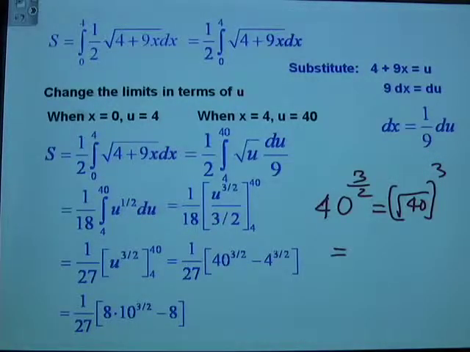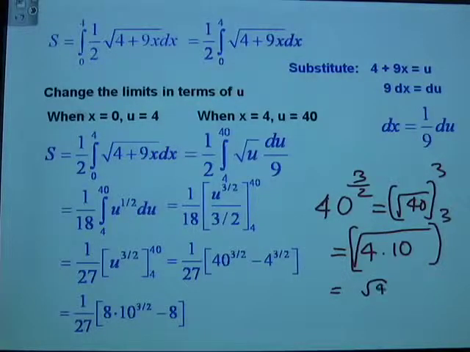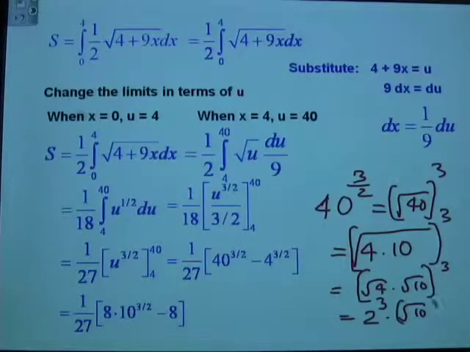Now square root of 40 can be written as square root of 4 times 10, raised to the power of 3. Now this will be square root 4 times square root 10, raised to the power of 3. Watch this again: square root 4 is 2, so that will be 2 raised to the power of 3 times square root 10 raised to the power of 3.